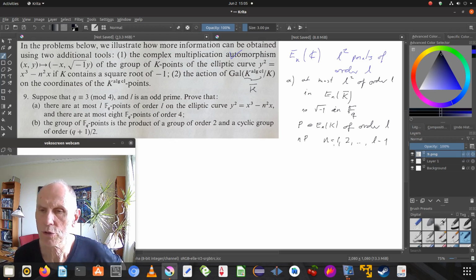And then, of course, the point at infinity comes in to give L. So if there's one point, there are L.